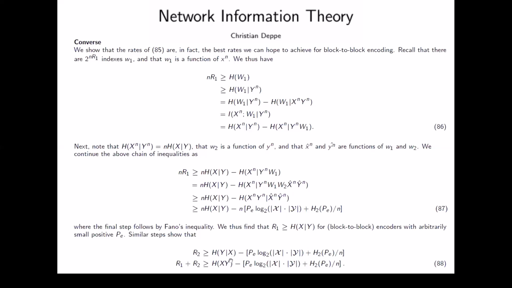Then the next part, normally you should know why this is true, because already if we use two encoders which work together, we know from the theorem we have in the first section of our script that R1 plus R2 is greater or equal the entropy of the joint distribution of X and Y, because if these encoders work together, that's the best they can do. But we can also do it differently.